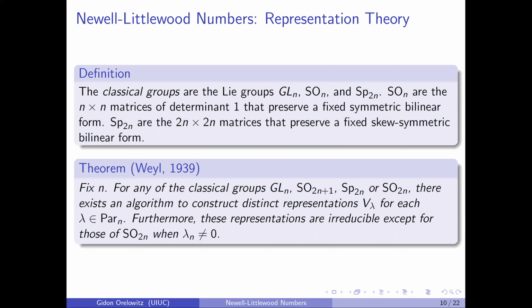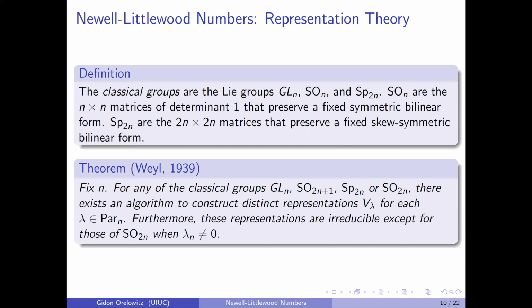The classical groups are the general linear group, which we talked about before, the special orthogonal group, which is the set of n by n matrices that have determinant 1 and preserve a given symmetric bilinear form, and the symplectic group, which is 2n by 2n matrices that preserve a fixed skew-symmetric bilinear form. So these are the classical groups.